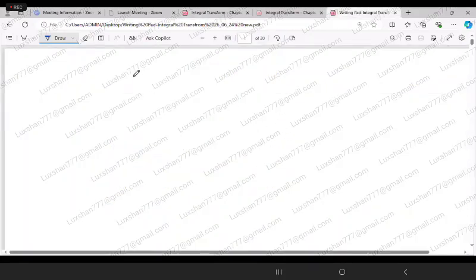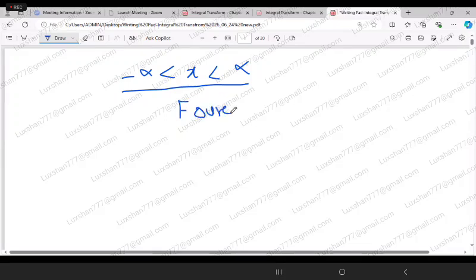Normally, if the range is minus infinity to plus infinity, then we have the Fourier integral representation in a complete form.